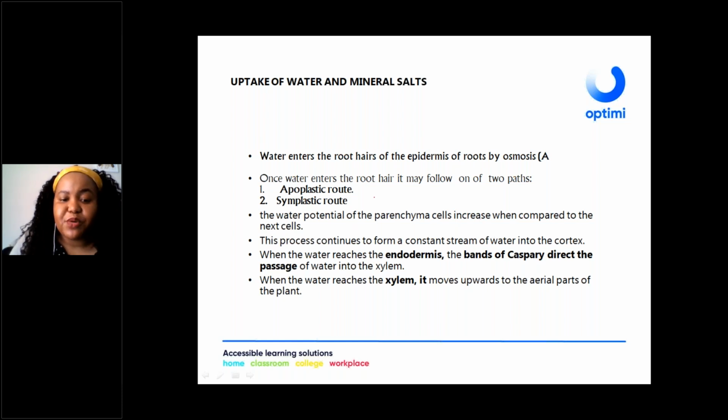Then this process will form a constant stream of water, which will be forced into the cortex. As soon as it reaches the endodermis, the bands of Caspary will direct the passage of water into the xylem, which will take it to the leaves for photosynthesis or to other parts of the plant where it's needed.